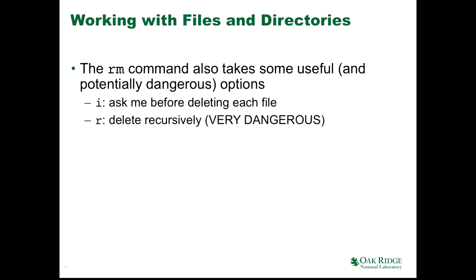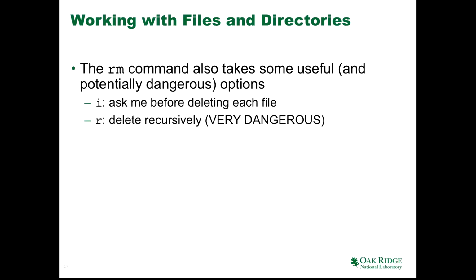The remove command does take some useful options. It also takes some that can be dangerous. The lowercase i option actually prompts you before deleting each file. So that gives you a little bit of a safety net because it will ask, do you really want to delete this one? How about this one? How about this one? And so on. If you're deleting a couple hundred files, that can get very annoying to be prompted a few hundred times, so that's normally not the default.